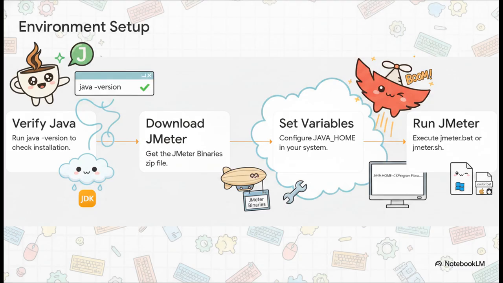Specifically, you want to look at the JAVA_HOME path because, honestly, that is where like 90% of installation headaches usually happen. Once that's all good to go, you just download the JMeter binary zip file directly from their official website, extract it, hop into the bin folder, and run jmeter.bat if you're on Windows, or jmeter.sh if you are on a Mac or Linux. Boom, you're in.